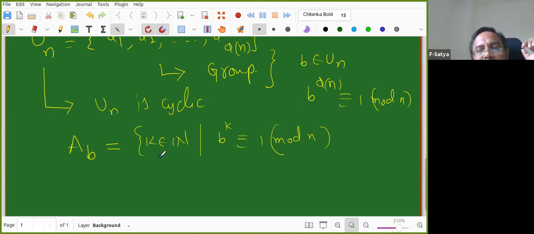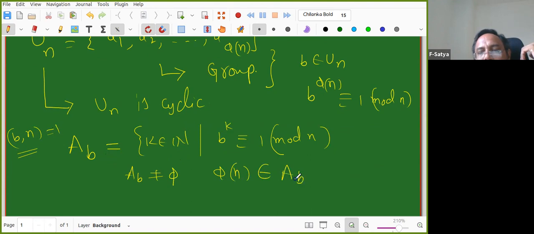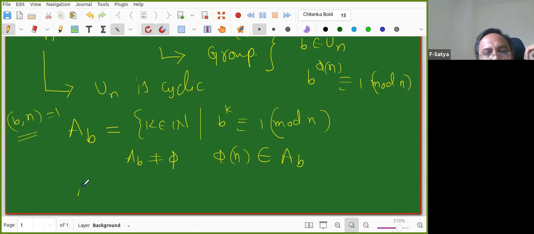Euler's theorem says, of course assuming gcd(b, n) is 1, that in particular b is a number from 1 to n relatively prime to n, so A_b is non-empty. Why is it non-empty? Because phi(n) belongs to A_b, since b to the power phi(n) is 1. So A_b is a subset of the natural numbers and non-empty, so it has a least element.